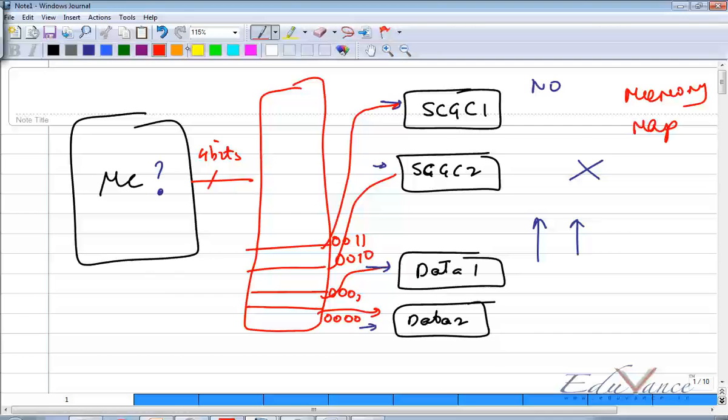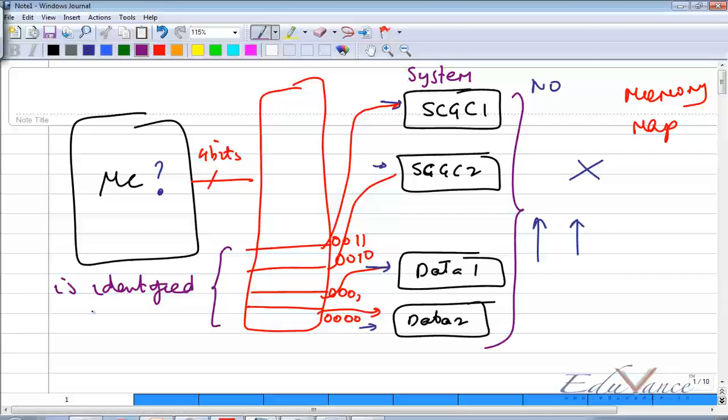So what am I trying to do? Now every register which I need as part of my system is identified using a memory location.